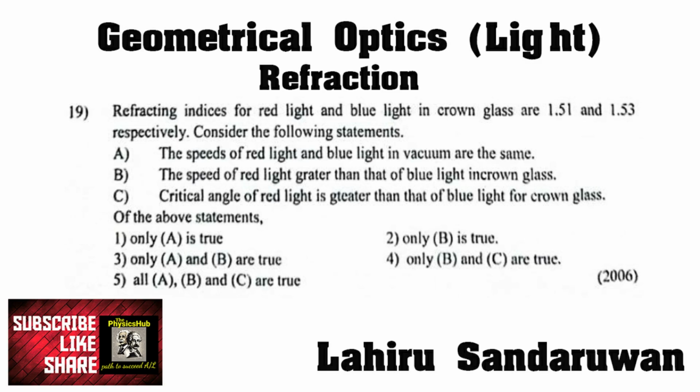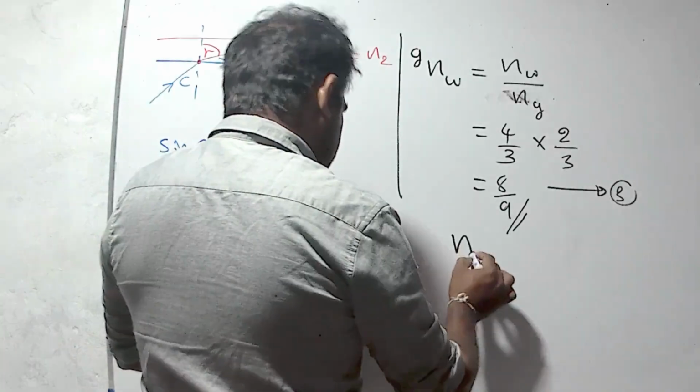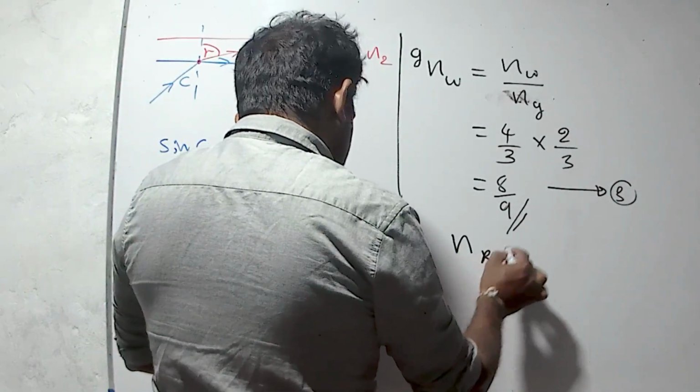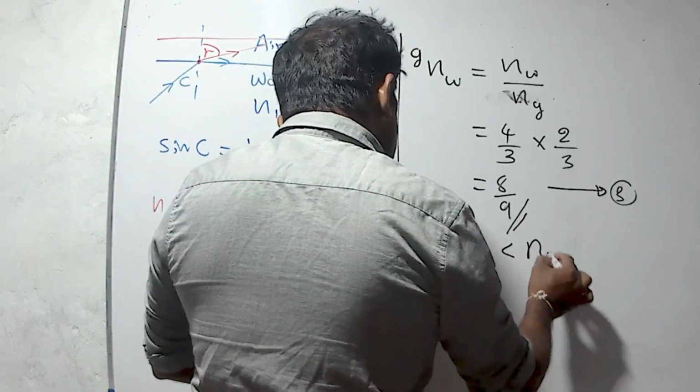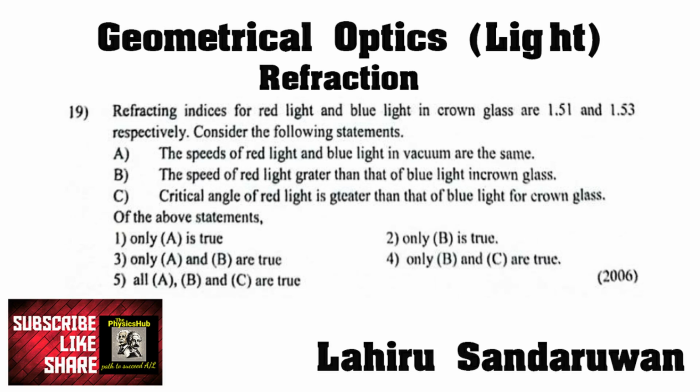The refractive indices of red light and blue light in crown glass are 1.51 and 1.53. It means the refractive index of red light is less than that of blue light. Part A, consider the following statement.